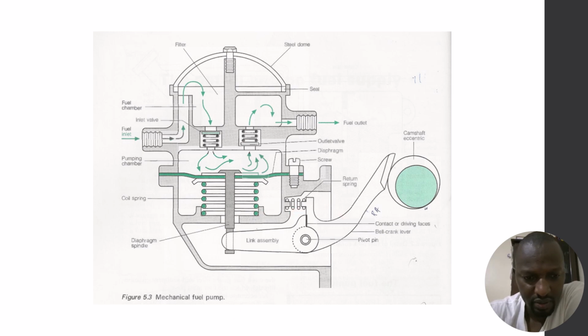I will draw some marks here just to show that this rotates round in that direction, and this causes the bell crank lever to move in those two directions, and here in this direction. So the bell crank lever can move left and right, and this causes this link assembly to be pulled downwards.